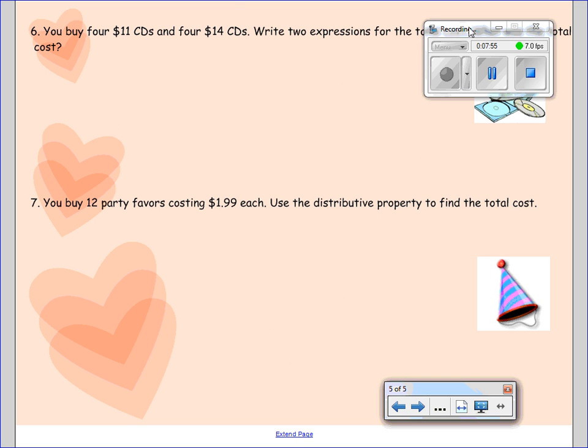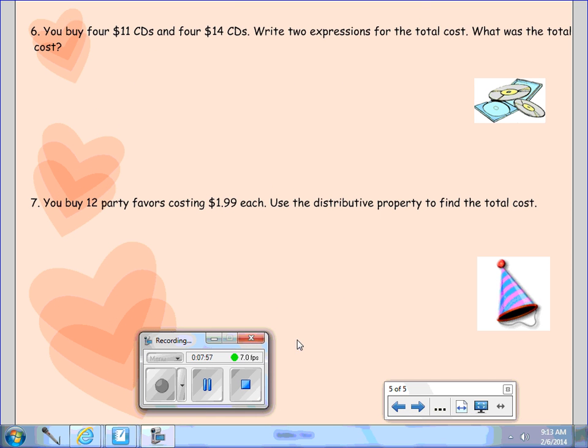Now we're going to use our distributive property in order to make these problem solvings, number 6 and 7, easier. Number 6, you buy 4 $11 CDs and 4 $14 CDs. Write 2 expressions for the total cost, and then what was the total cost?